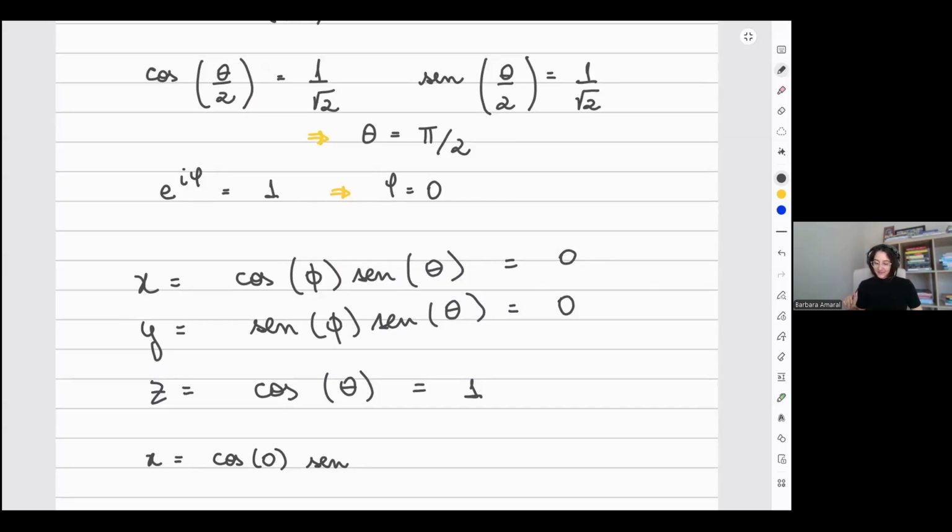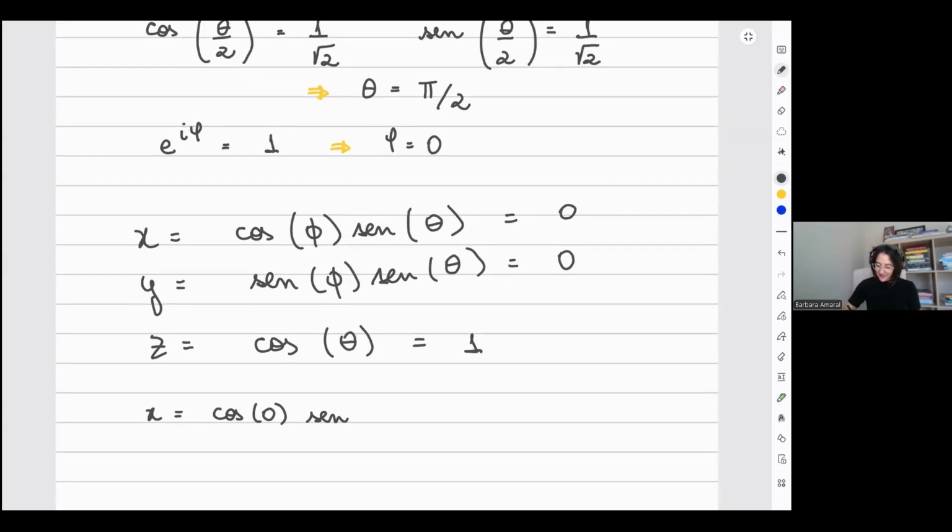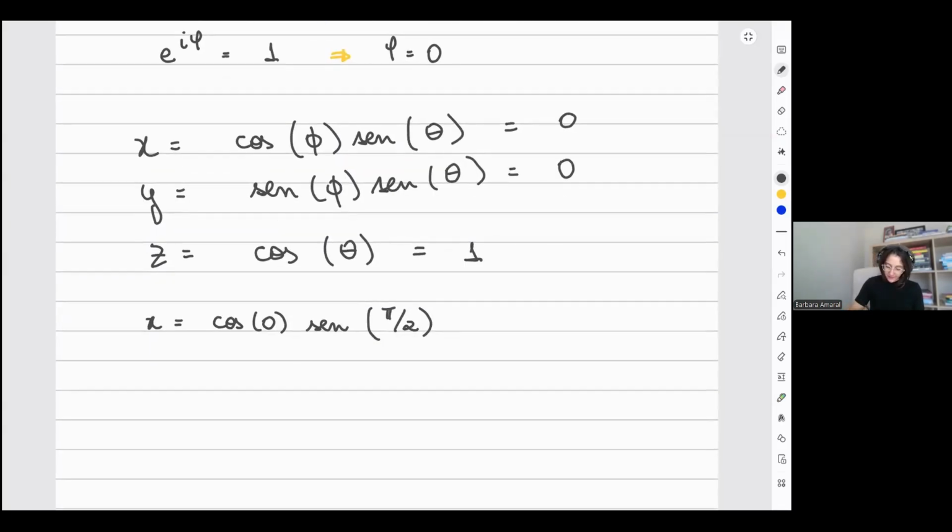Now it makes sense. Pi over 2, sine of 0, sine of pi over 2, and z is equal to cosine of pi over 2.